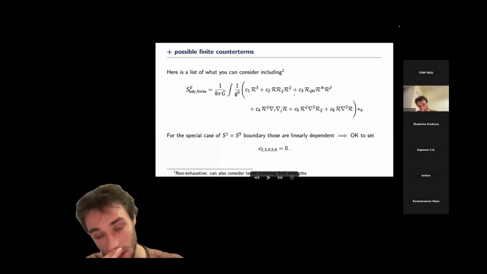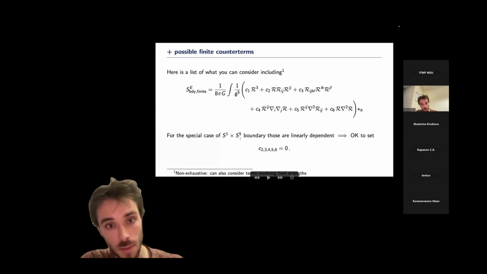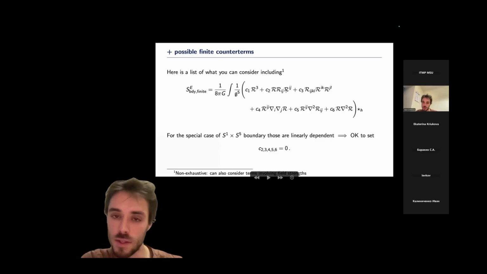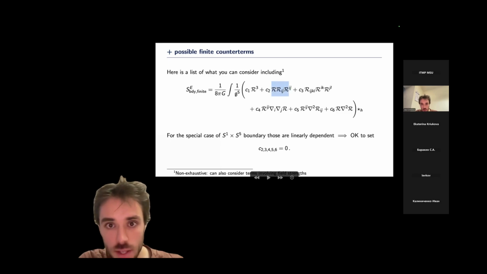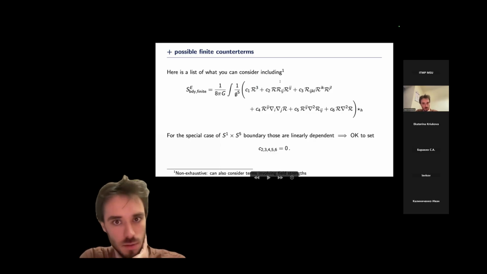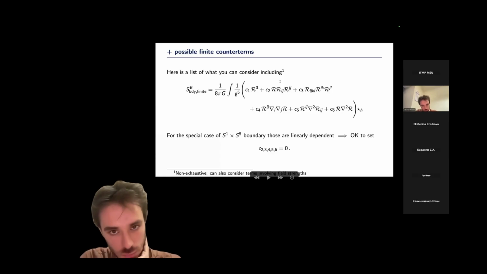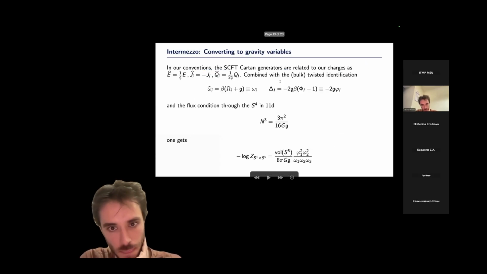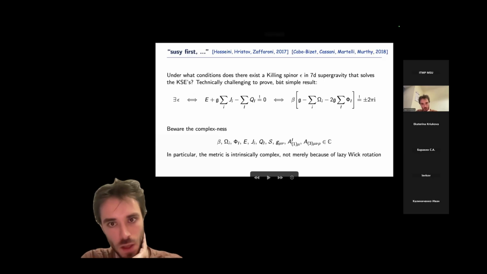So for a more complicated boundary, you might need to actually include those with distinct coefficients. But it just turns out that if you evaluate this one, it is the same as this. So you might as well just kill C2. This is a simplification for our case. Yeah, that is completely consistent to do. I see, thanks. Yeah, good.